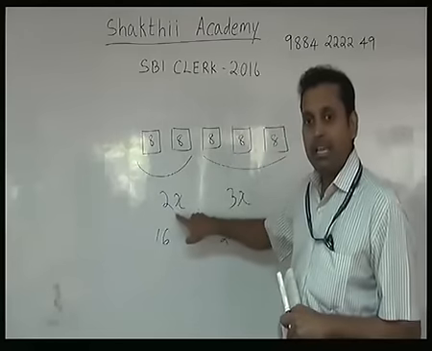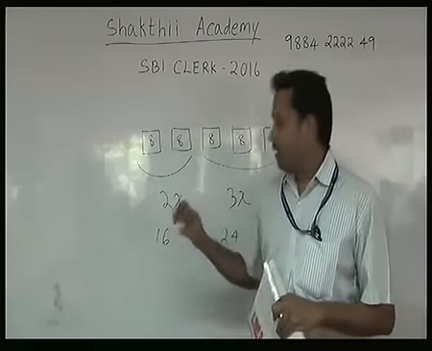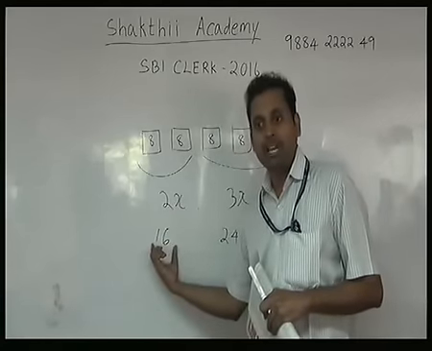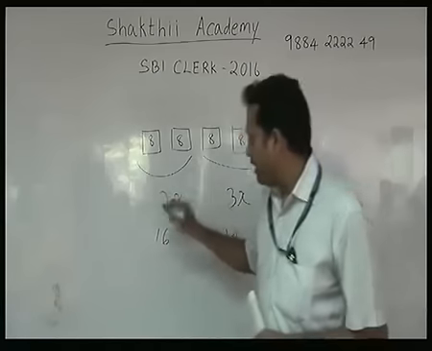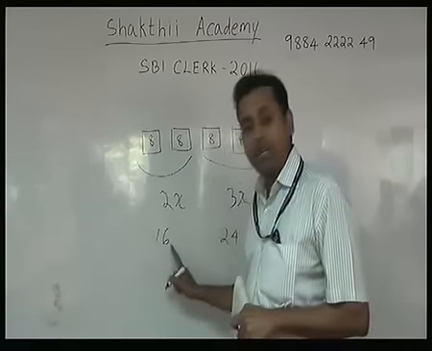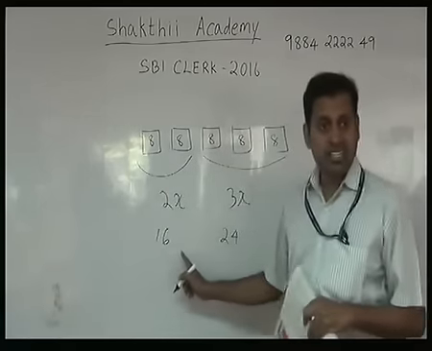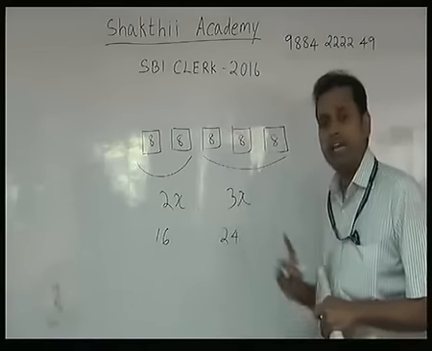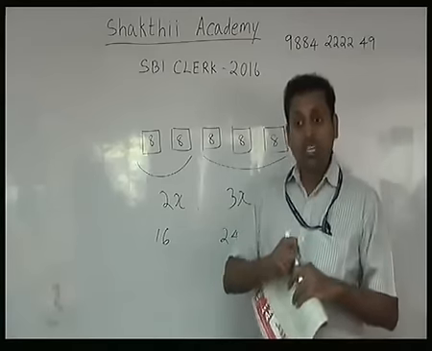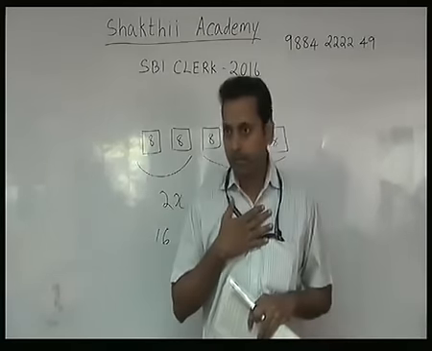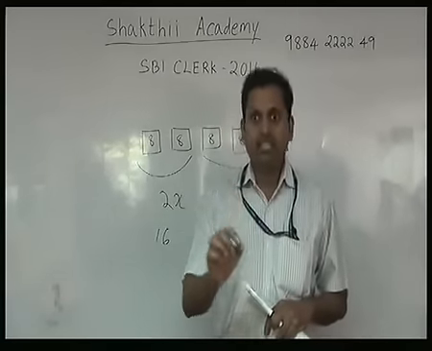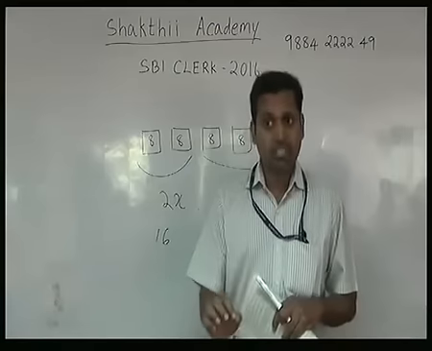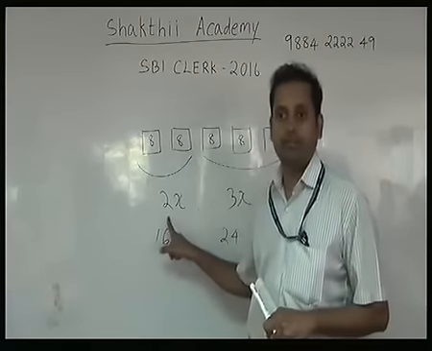This 16, the original value, is actually a multiple of what value? 2. You need to understand. This 16 is divisible by 2 or not? Similarly, this 24 is divisible by 3 or not? So originally, whatever number of chocolates I have must definitely be divisible by the ratio value.